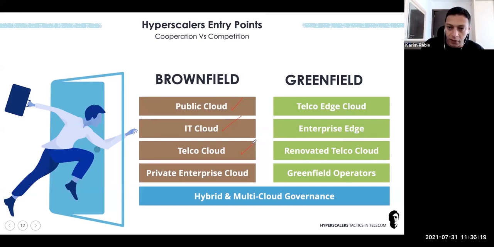But to migrate, for example, a virtual media gateway or a virtual DPI from an established on-prem telco cloud to a public cloud is very painful. So the hyperscalers don't focus much on the consumer telco cloud or the bulky VNFs. Most probably this will stay as it is on-prem.